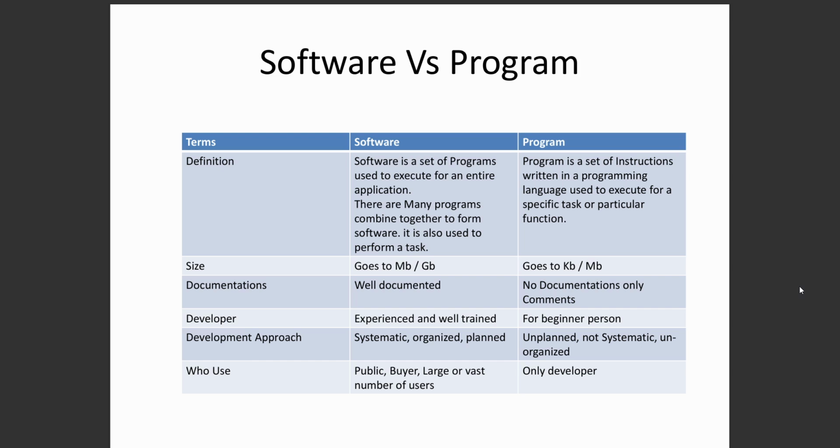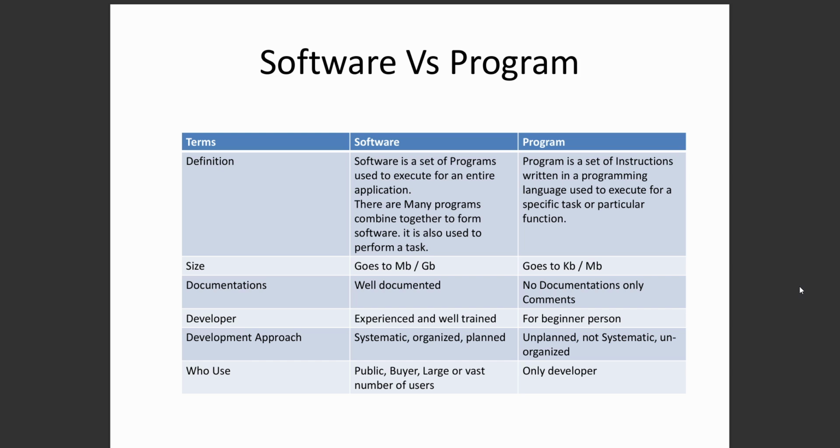Okay, so for the beginners, the development approach is very systematic, organized, and planned when we want to develop a complete software, because we will be working with multiple teams, multiple people, maybe multiple geographical locations. So we need to be very systematic, organized, and planned. On the other hand, such rigorous restrictions are not there when we try to develop small programs. But there's one more difference, that is who is going to buy that particular software.